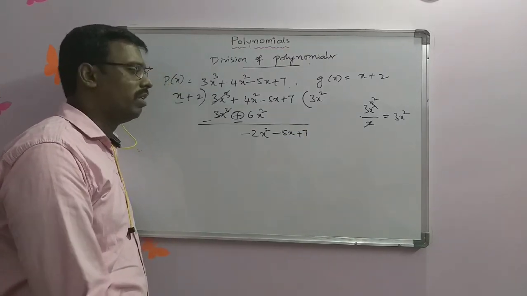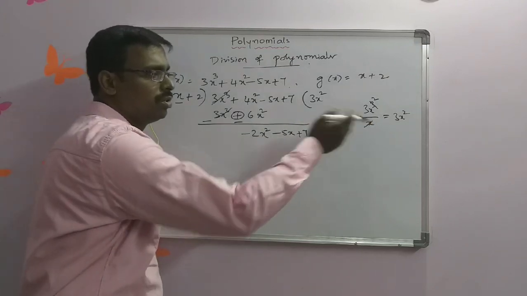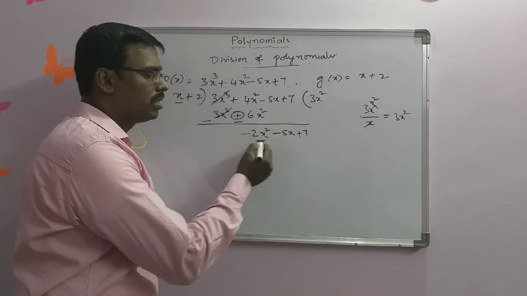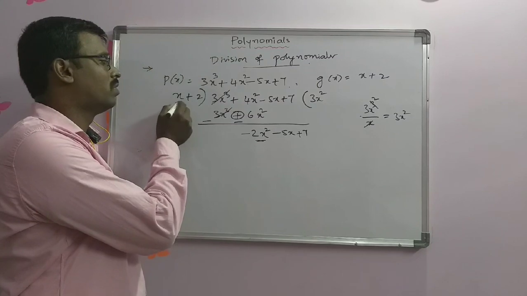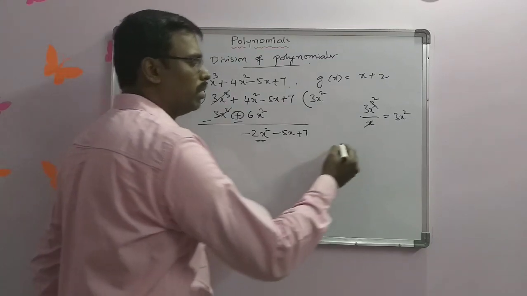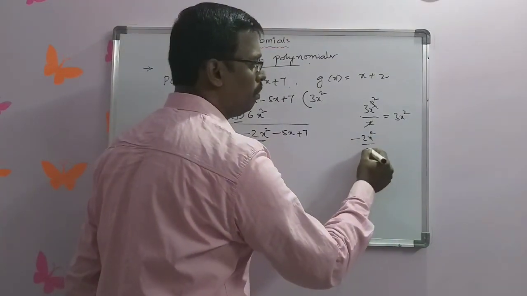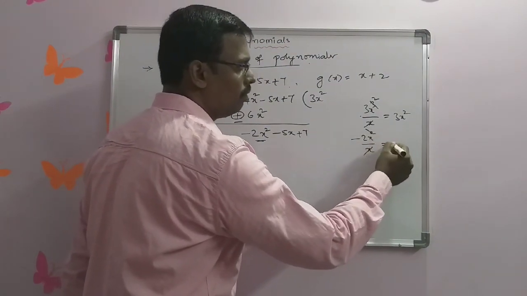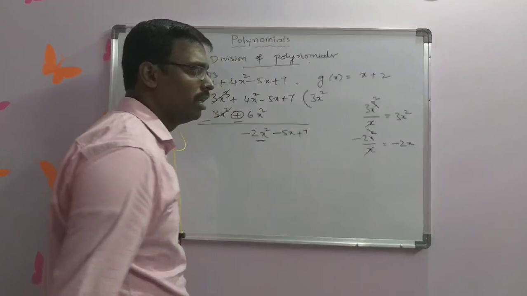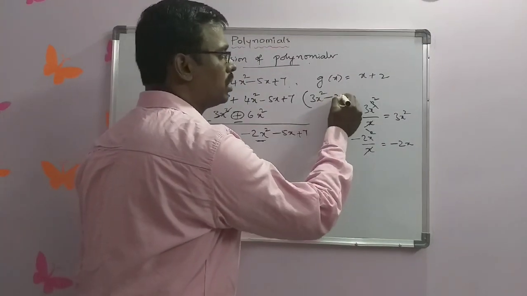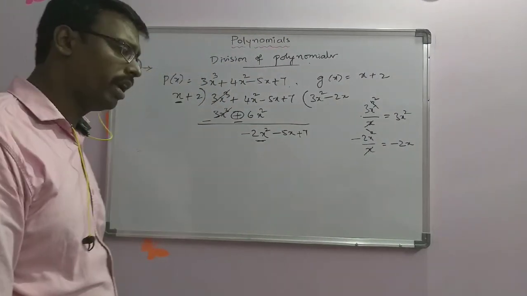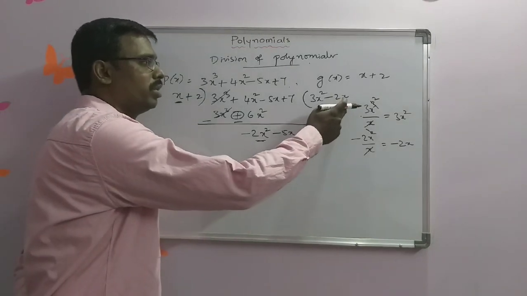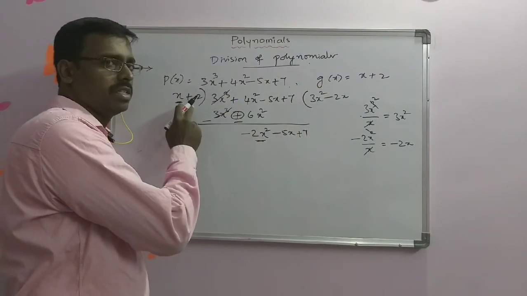Now again, in the second step, the same procedure should be done. The first term is minus 2x square, and the first term of the divisor is x. Divide both of them: minus 2x square by x. Out of 2, 1 is gone, so I will get minus 2x. That minus 2x I will write here, and again multiply it with your divisor.